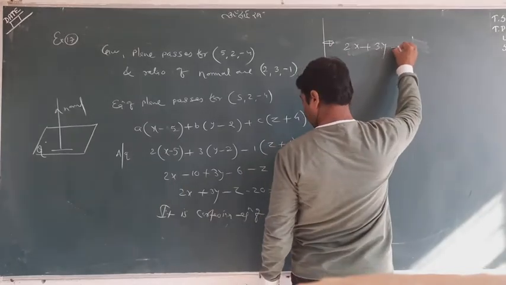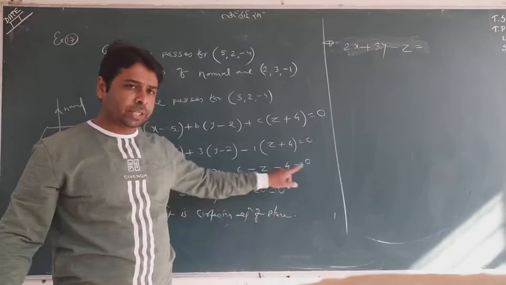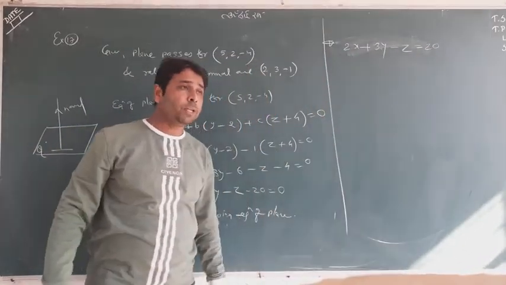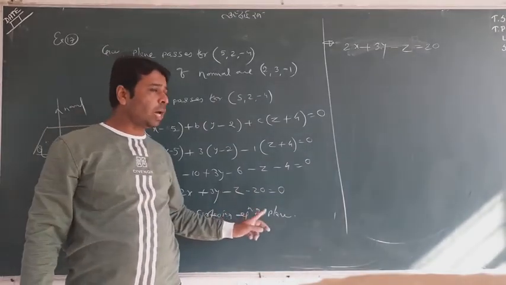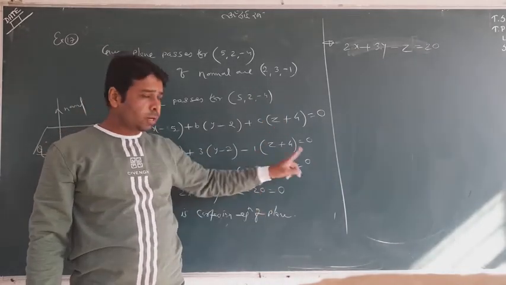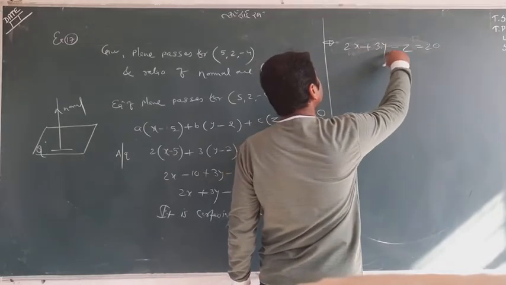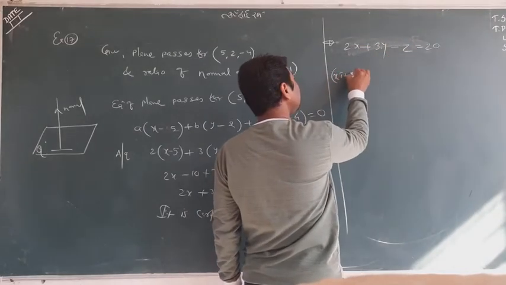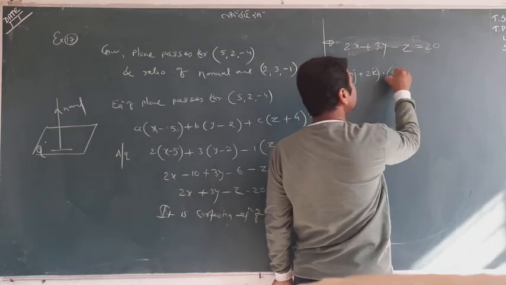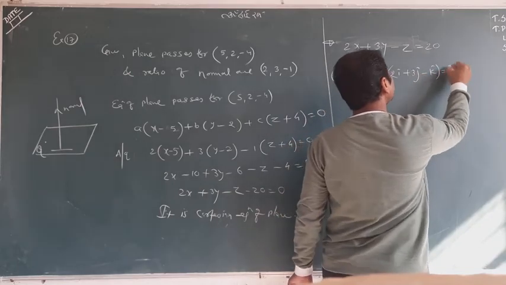First of all, you transfer the 20 to the other side, so 2x plus 3y minus z equals 20. Remember that whenever you have a Cartesian equation, to convert it to vector equation, you first transfer the constant to the right-hand side. Then you write xi plus yj plus zk dot 2i plus 3j minus 1k, equal to 20.